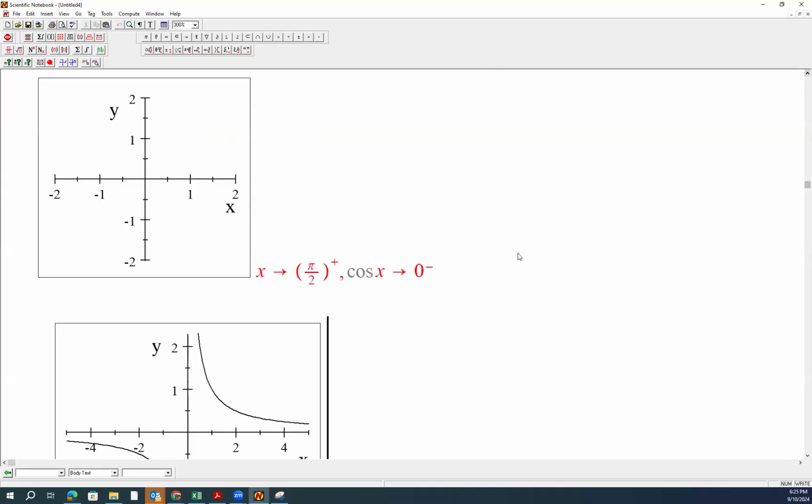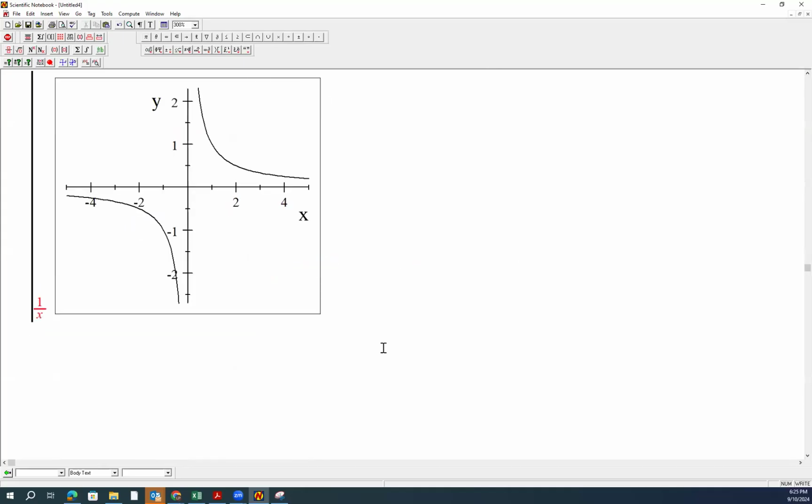This picture is useful for us when x is approaching 0 from smaller than 0.